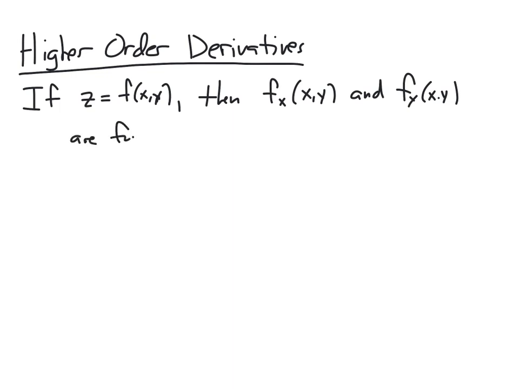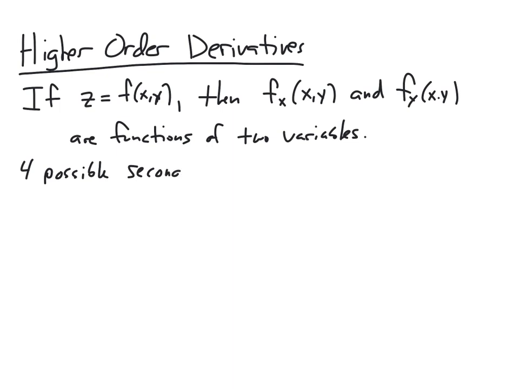And so we can differentiate each of those with respect to whichever variable that we want. And so we actually end up with four possible what are called second order partial derivatives.